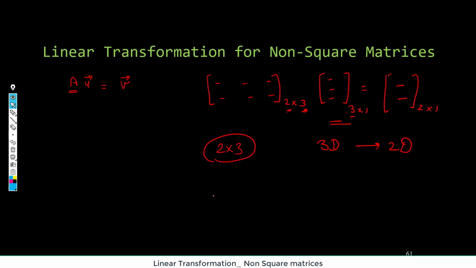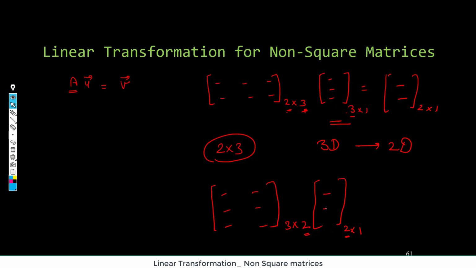And similarly, you can look at this example where your matrix is of dimension 3 by 2. It means you have 3 rows and 2 columns and you are applying it on a vector. As per the rules of matrix vector multiplication, the dimension of the vector can be just 2 by 1 because these dimensions should match for matrix multiplication, right?